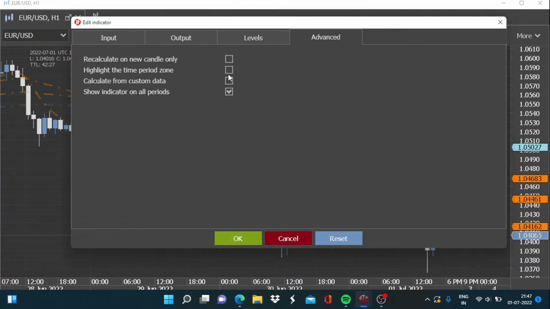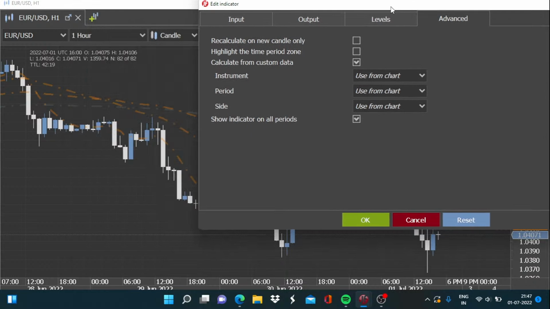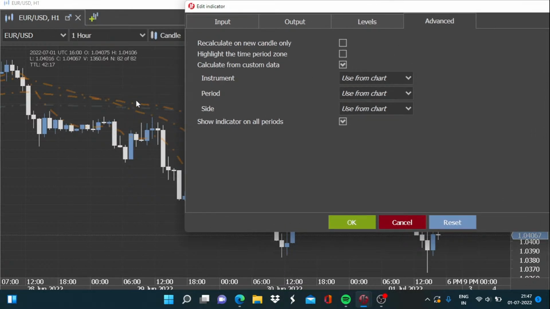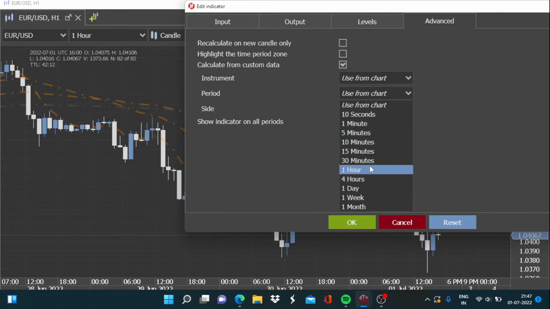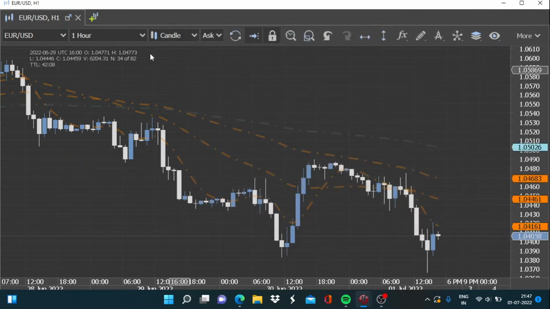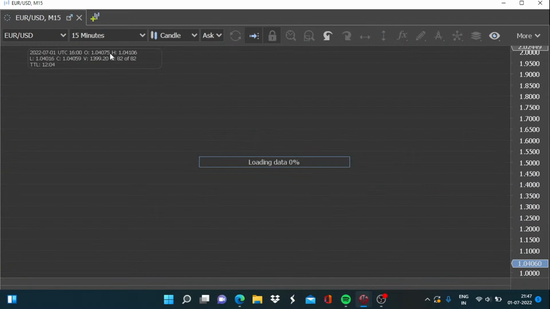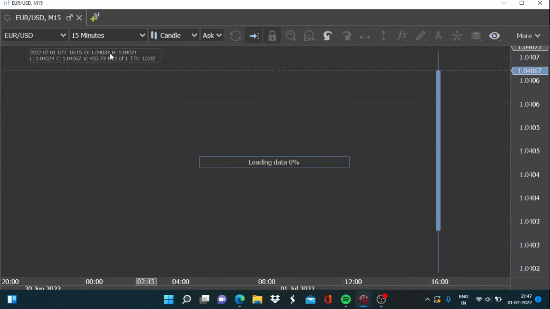Highlight the time period zone, you can do that as well. Calculate from the custom data. Suppose you are looking at a different time frame chart, but you want the WMA to be calculated on the hourly candle only, then you can opt for that. Now these will be calculated on the hourly time frame, and if I change the chart to say 15 minutes, it still remains of the hourly time frame.